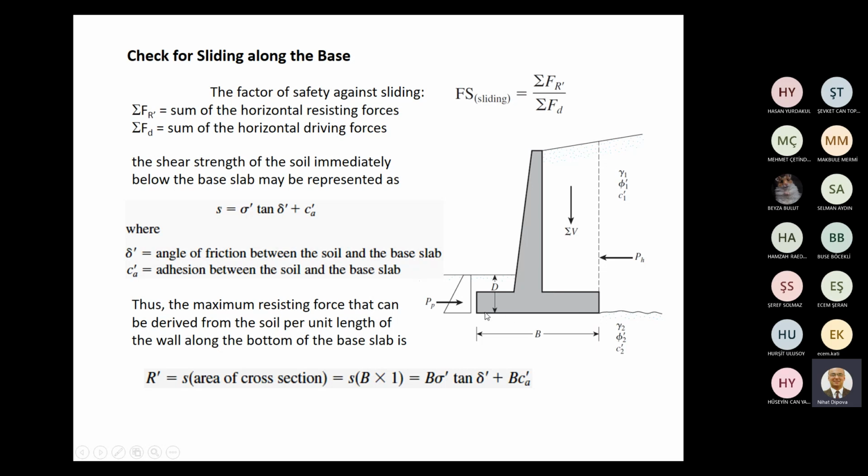We can calculate this friction by using the basic strength equation. Remember from shear strength: normal force multiplied by tangent of friction angle plus cohesion, if exists, of course.